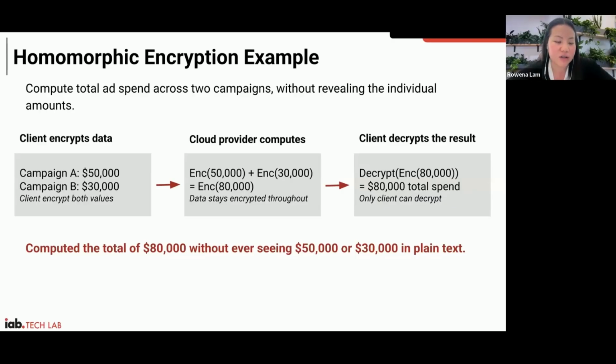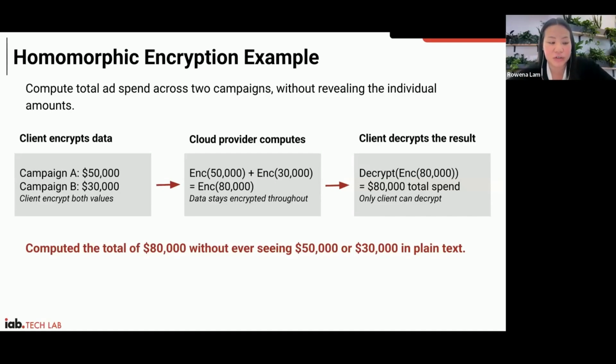Then the cloud provider is going to be able to do the computation on the encrypted data. And the result of the computation also remains encrypted, and that encrypted result is what is then provided back to the advertiser.